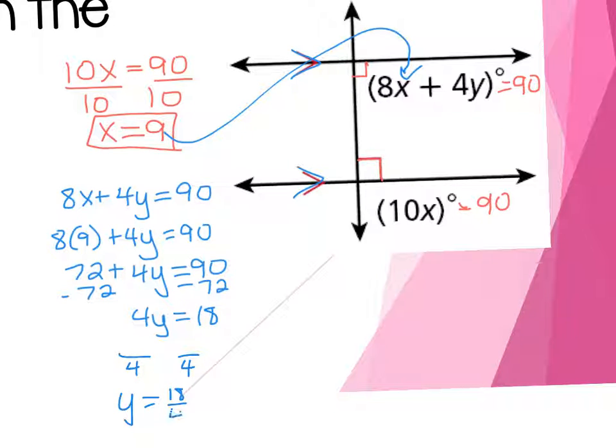So I can reduce this to be 9 halves, or 4.5. Again, you can keep it in fraction form as long as it's simplified. So any of those three would get full credit. The 18 over 4, you lose some points because you can reduce that.